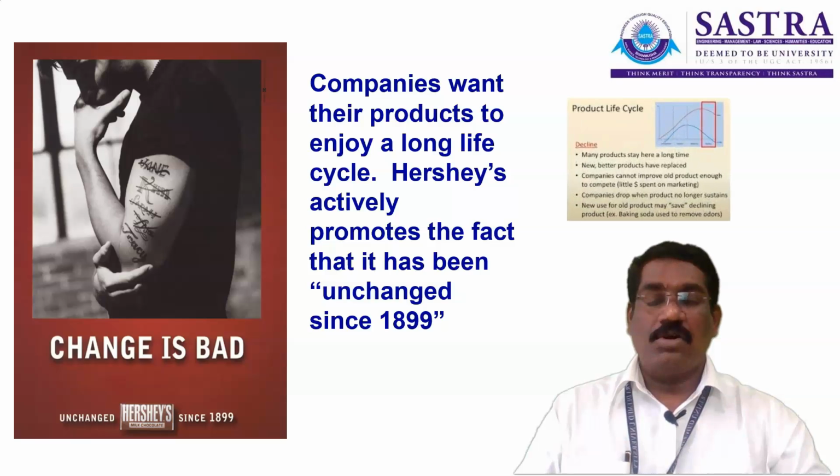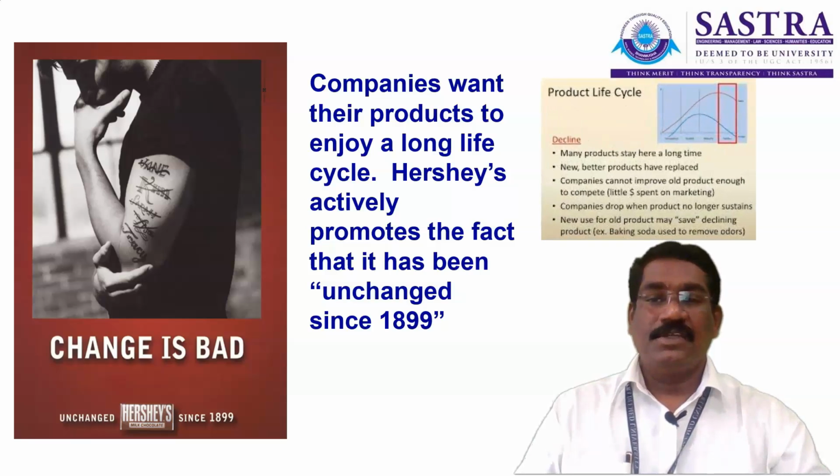It means they want a longer life cycle, and they do a little bit of product modification and try to incorporate contemporary requirements valued by consumers, and they are able to sustain in the product life cycle curve for a longer duration. They stay in the growth stage for a longer duration, and they also try to go to other markets where they are able to be in the growth stage and maximum at the maturity stage.